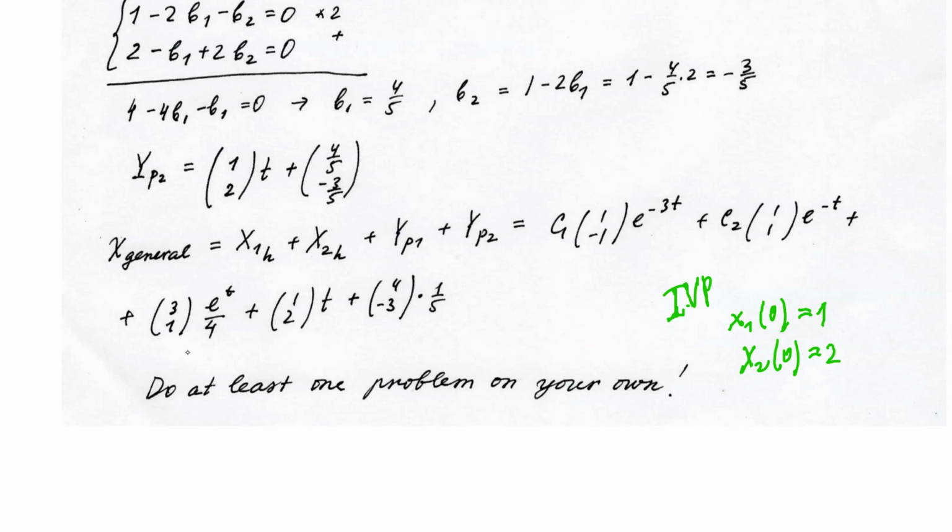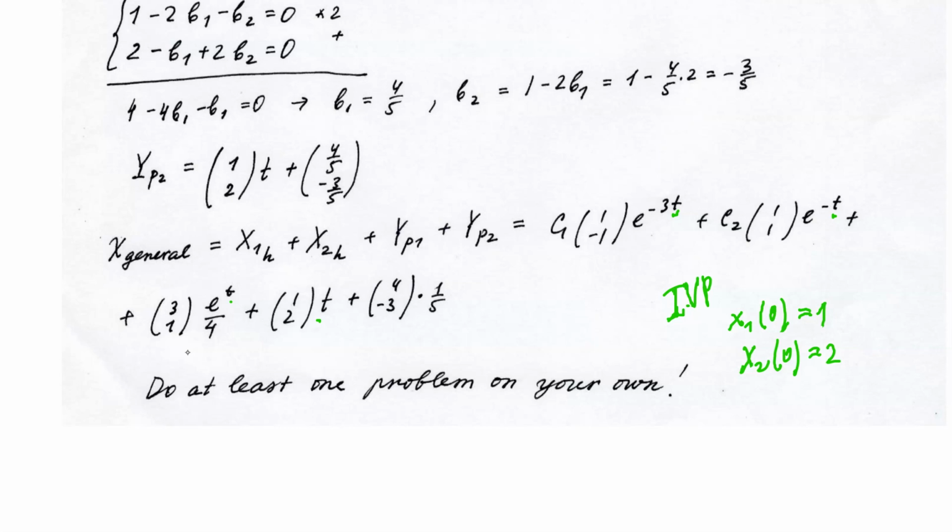What you're going to do, guys, you're going to take this 0, which is t, plug it here, here, here, plug it over here, plug it over here, plug 0 everywhere. And eventually you are going to have here two lines with constants C1 and C2. And on this side you are going to have numbers 1 and 2. Using these numbers and these two equations for C1 and C2, you solve them.